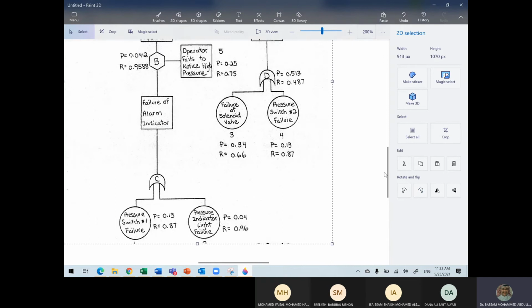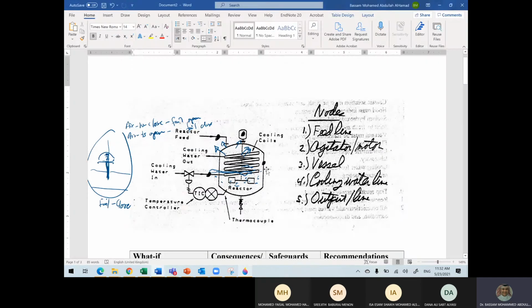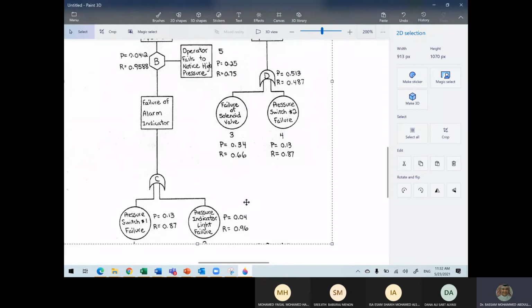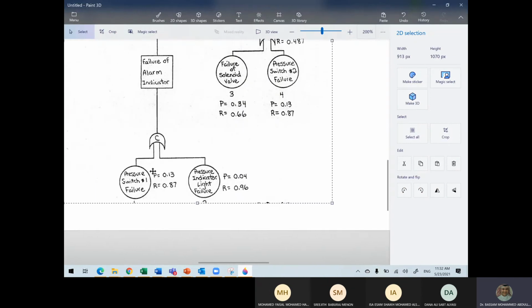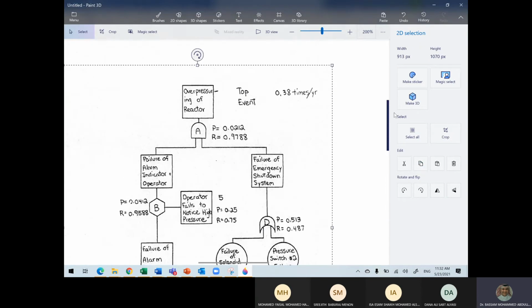But I'm just telling you that, for example, I give you a system, and within the system, I give you the fault tree. Now, given the fault tree, you are going to find these numbers. So my question will be, what is the reliability of this system to prevent the overpressure of the reactor?